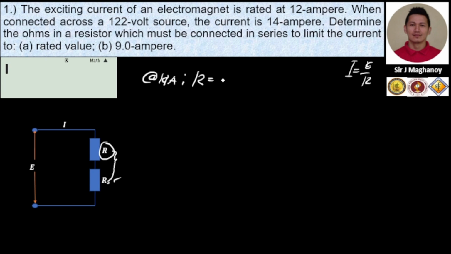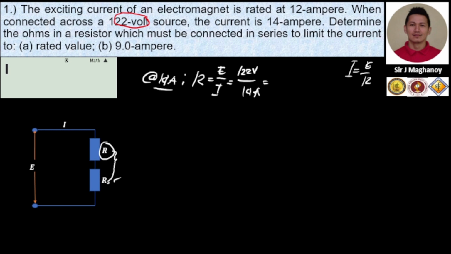So the value of your R is equal to E over I. Based on our problem, we have a 122 volt source, so that is 122 volts over the actual current flowing, which is 14 ampere.